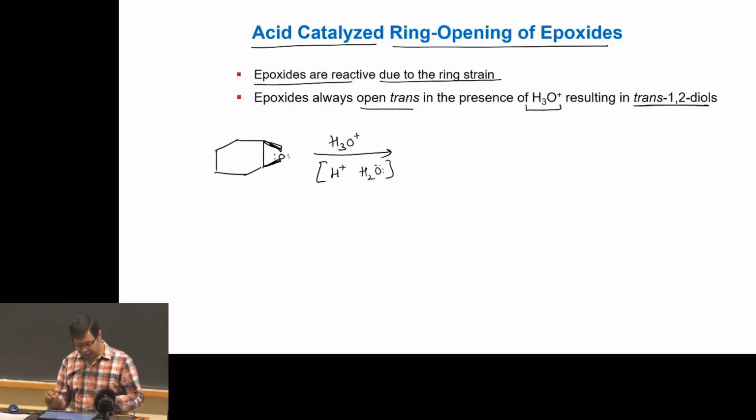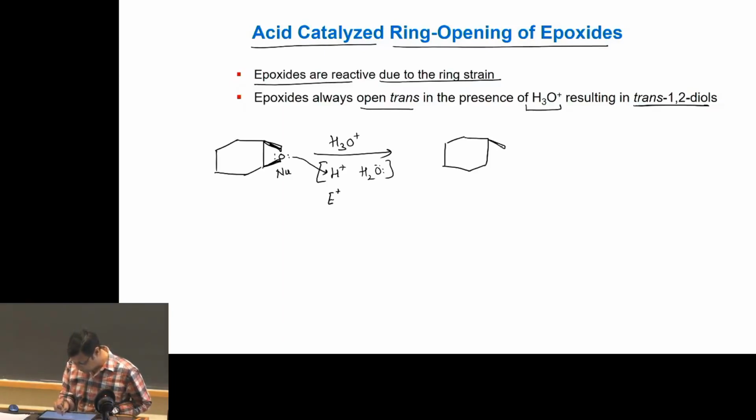Identify the nucleophile and the electrophile. Electrophile is H plus, nucleophile is the oxygen. It has lone pairs that can be donated. So first step, oxygen gets protonated. Right?